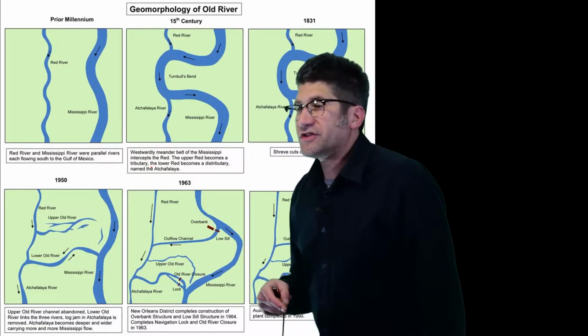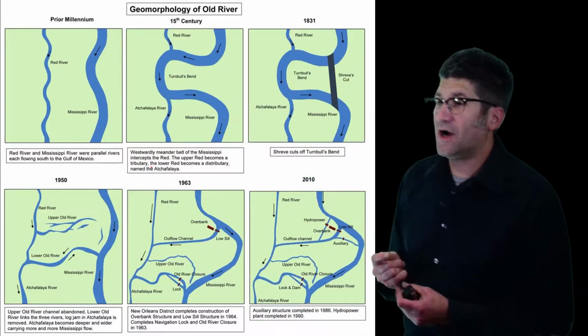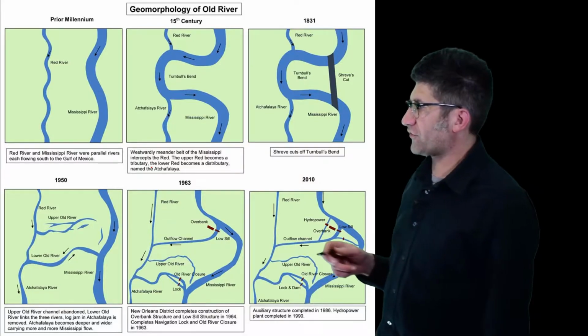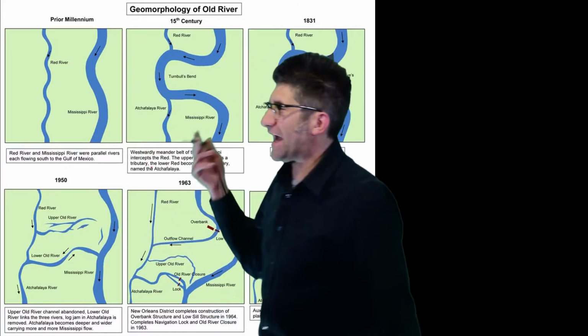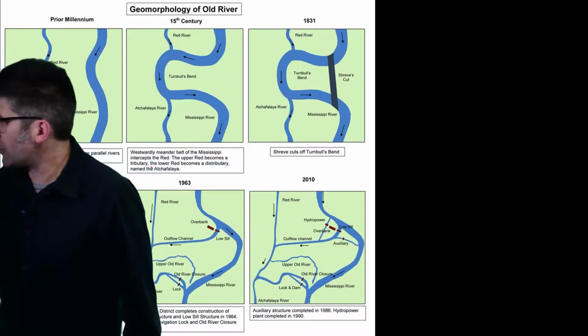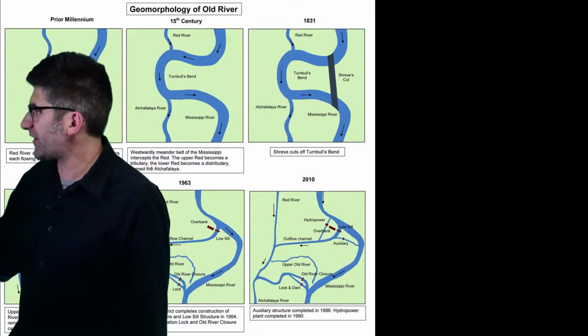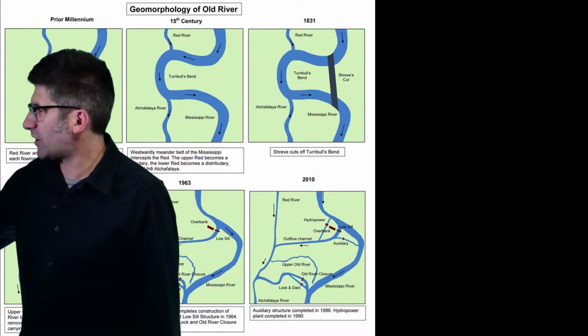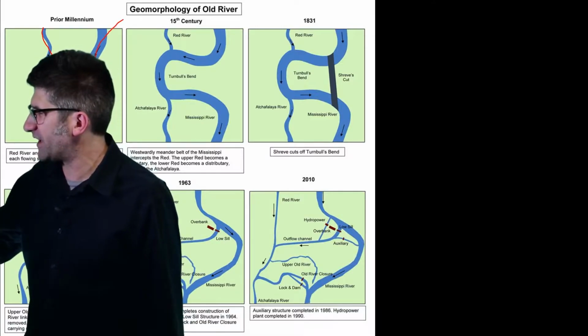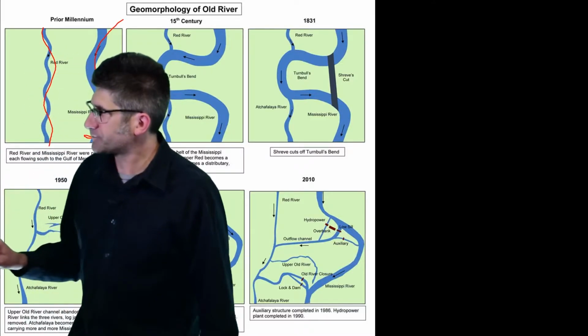So let's look at the geomorphology through time of the Atchafalaya and the Old River. Over 1,000 years ago, there was an even older distributary of the Mississippi River called the Red River. And so the Red River came from farther north, and it was a different channel than the Mississippi River.